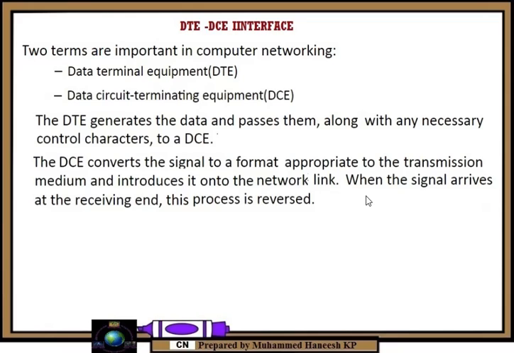We can compare these two terms. The DCE converts the signal to a format appropriate to the transmission medium and introduces it into the network link. When the signal arrives at the receiving end, this process is reversed.